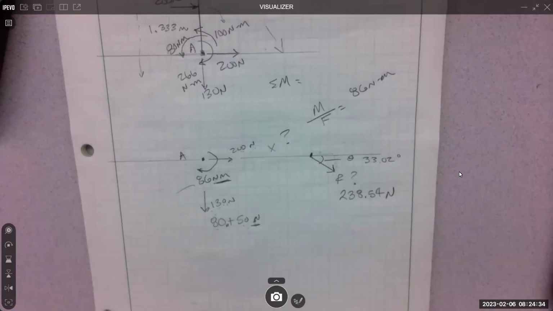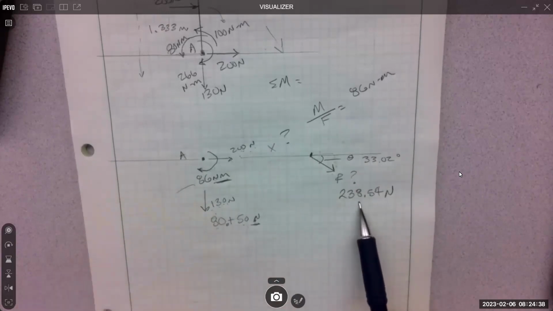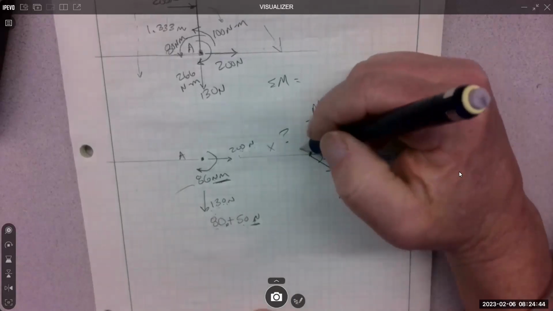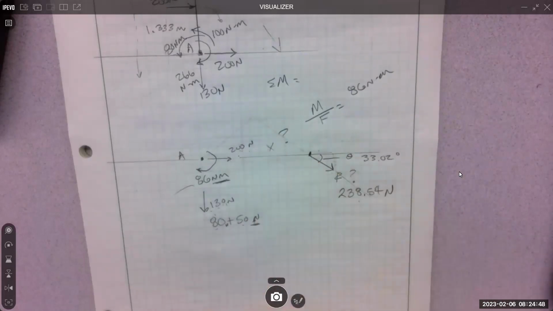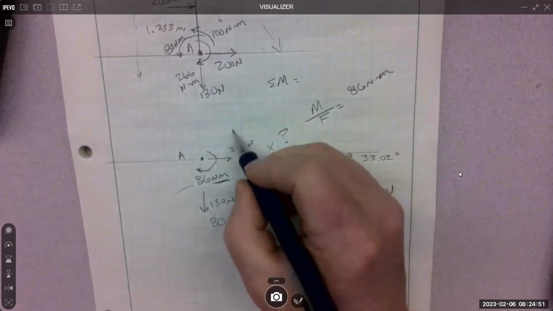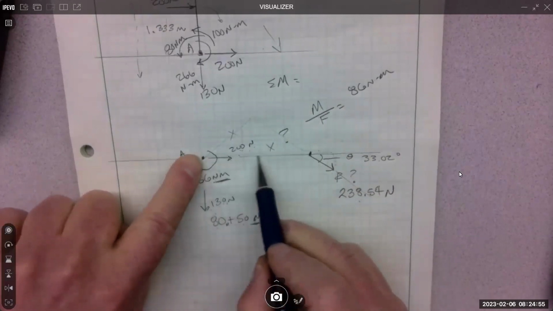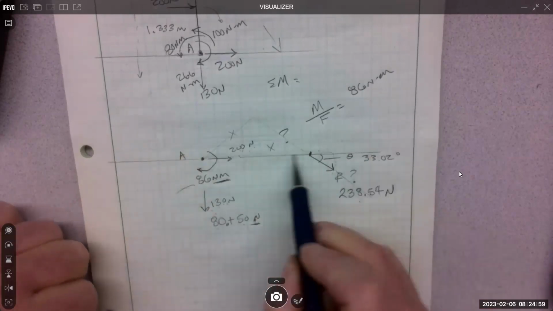Yep. We have three forces to choose from: 200, 130, or the resultant. If we do the resultant, the perpendicular distance is to the resultant, which would be some weird perpendicular distance. We don't want that. We want this distance along here. So what force is perpendicular to this horizontal line?